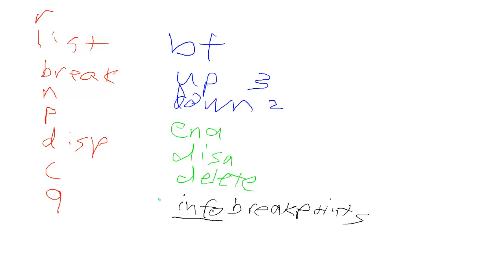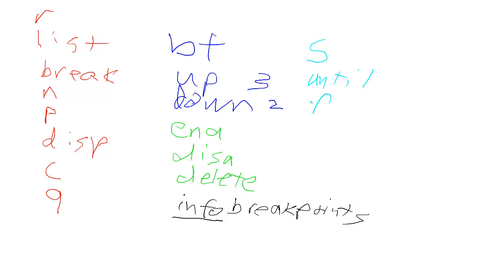We learned about some more advanced ways to move. So in addition to N, which goes over one line, we can use S, which will step into a given line of code. We can say until to keep going until a given line of code, which functions pretty similar to setting a breakpoint somewhere and then hitting continue.